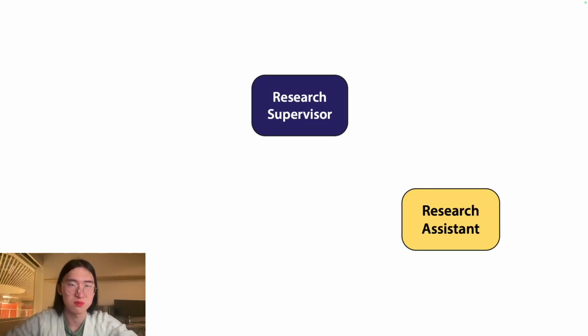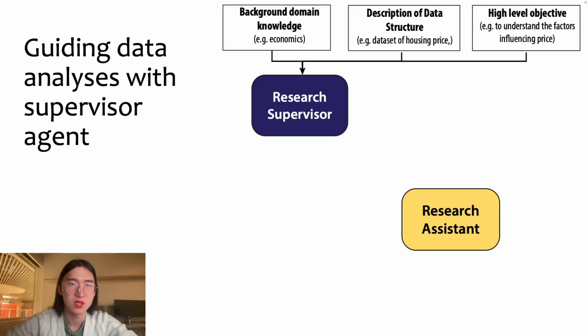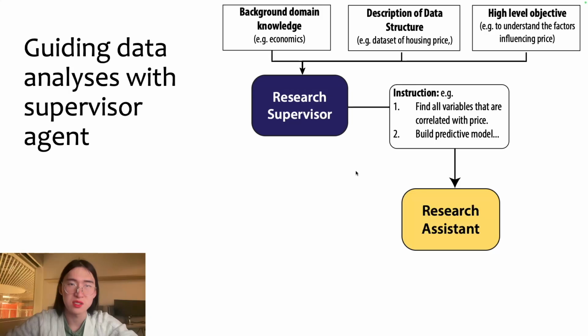So how does it work? We have two agents. One is called Research Supervisor and one is called Research Assistant. We want to guide the data analysis with the supervisor agent. We will send the background information, description of data structures, and high-level objectives to the supervisor, who will send instructions of specific step-by-step objectives for data analysis to the assistant.